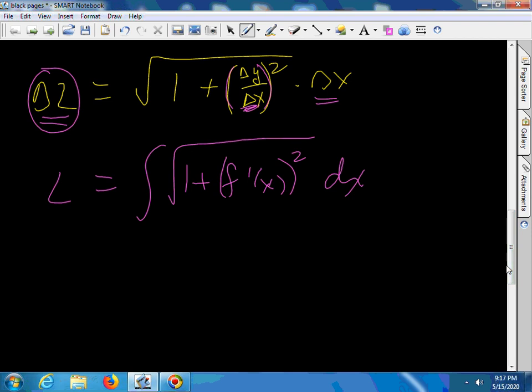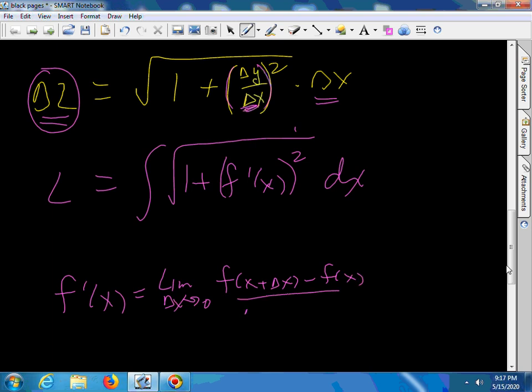If you don't believe that, look, the derivative is the limit as delta x goes to 0 of f of x plus delta x minus f of x, over x plus delta x minus x, which is delta x. Clearly the bottom is delta x.